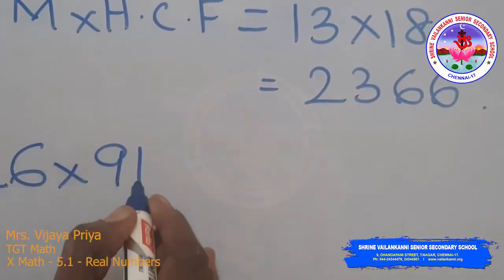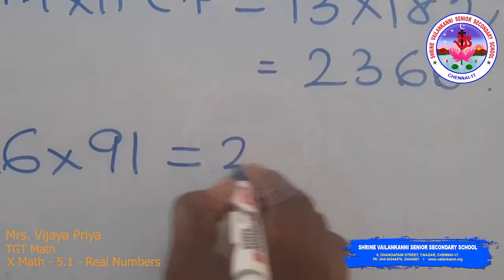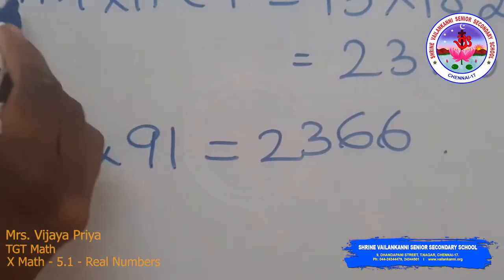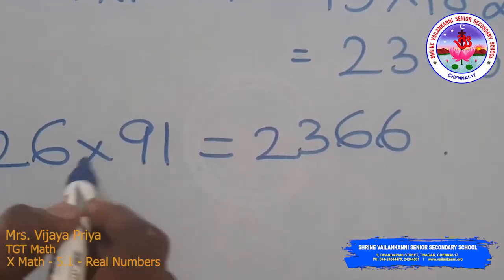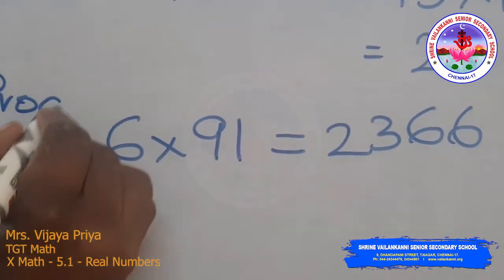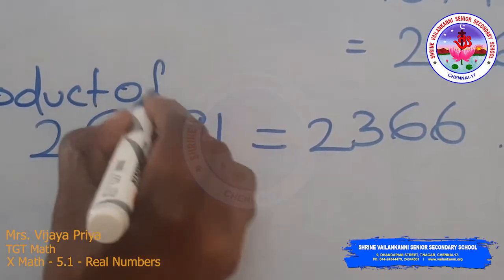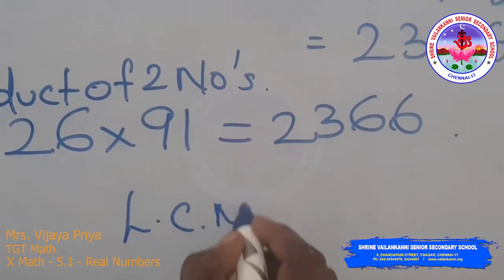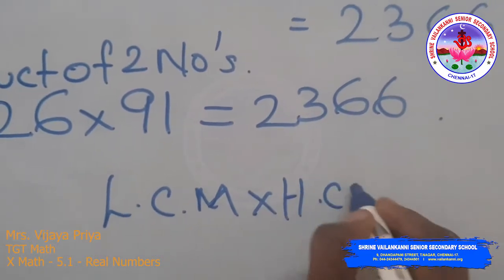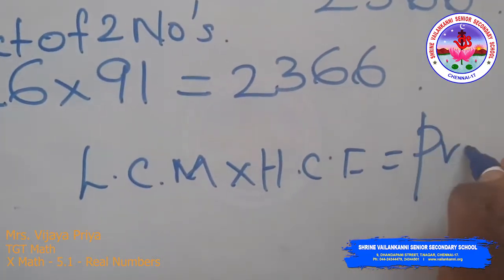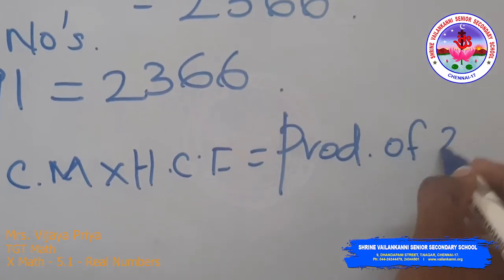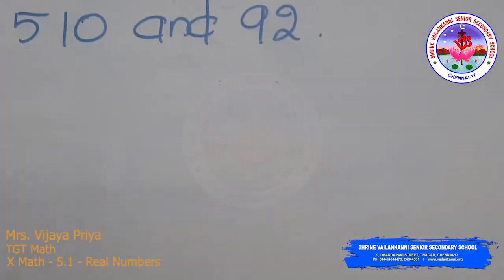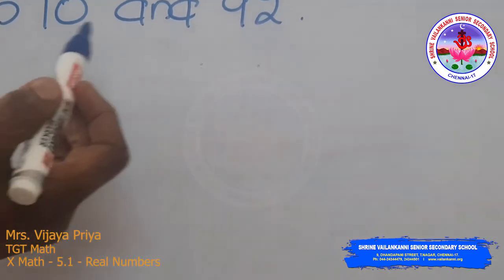I am going to find the product now, where this product becomes 2366. So I found that LCM into HCF is equal to the product of two numbers. Hence verified.